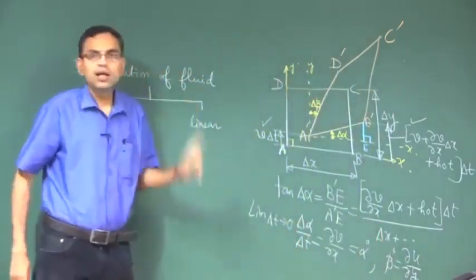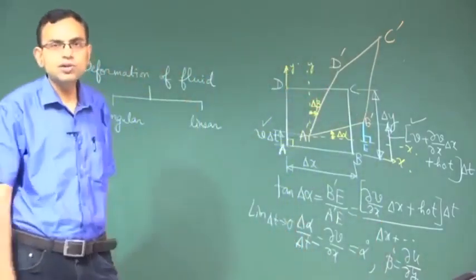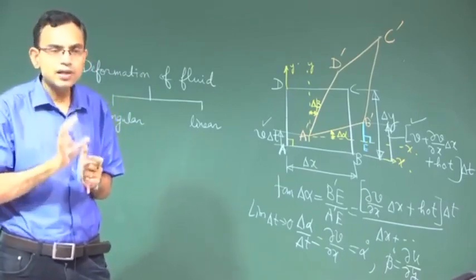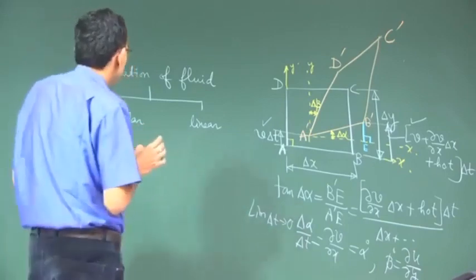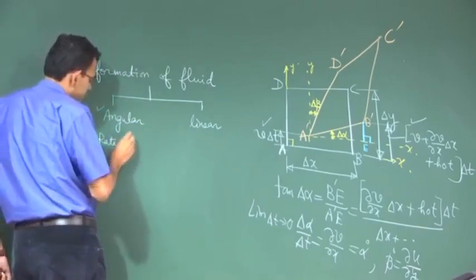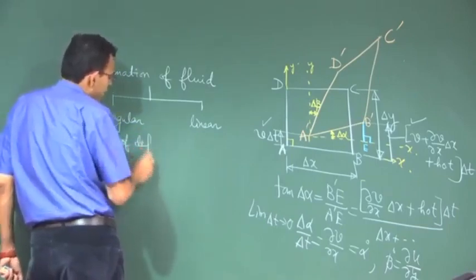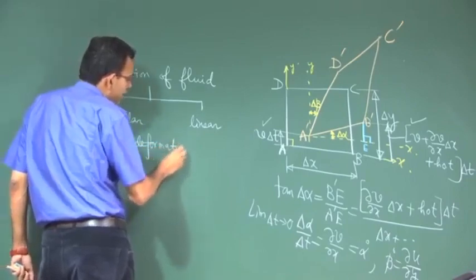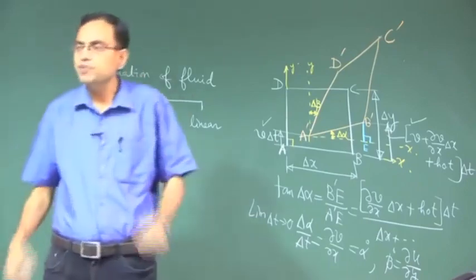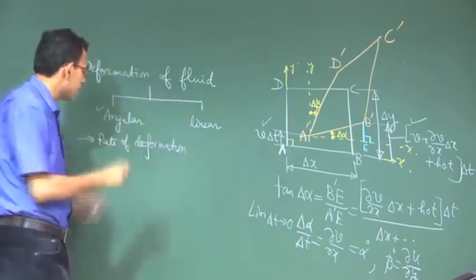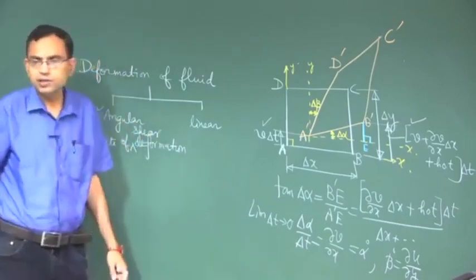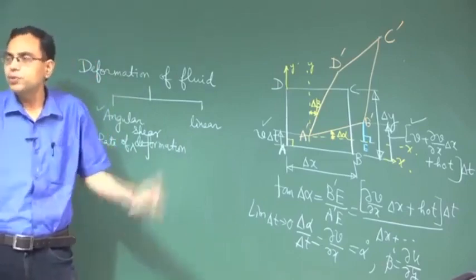So, this is only a little bit of geometry that we need to work out, but now the concept comes. Two important conceptual definitions that we need to go through. One is the rate of deformation. When we say rate of deformation, although deformation can be linear or angular, normally we are looking for rate of shear deformation, but I would say that it is always better to describe it as rate of shear deformation, because you also can have rate of linear deformation or volumetric deformation.